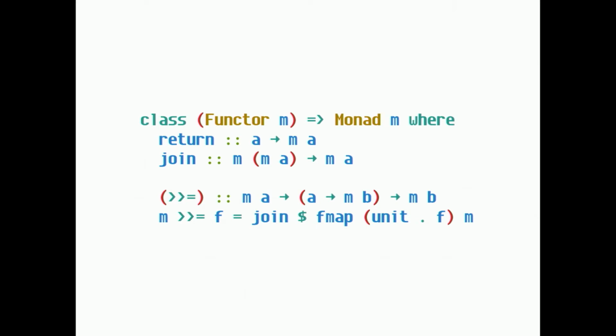And then we get a join, which we just saw, which takes a nested M of M of A and turns it into an M of A. A state machine full of state machines becomes a single state machine, or a list of lists gets concatenated. Usually that's written in Haskell using return and bind. The greater-than-equal operator is read bind. In Scala, it's usually called flatMap. And that's implementable in terms of unit, fmap, and join.